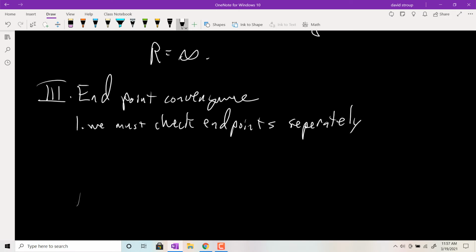And you use the tests from 9.2 to 9.6. So you're using the comparison test, the nth term test, the alternating series test. Is it geometric? Is it telescoping, etc.?